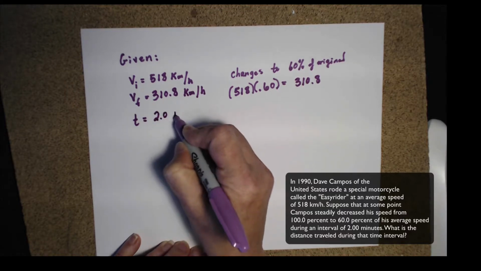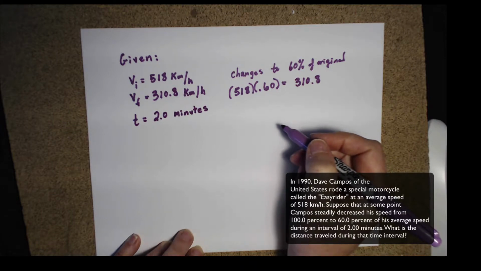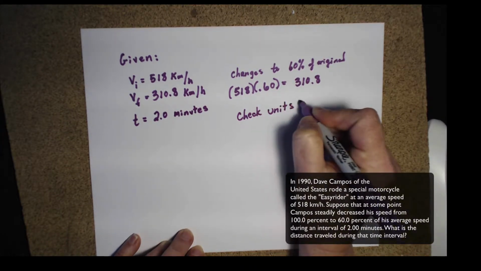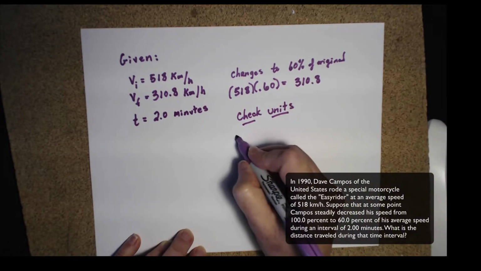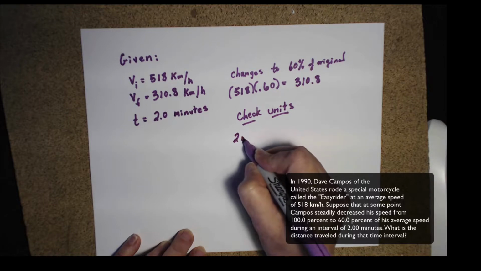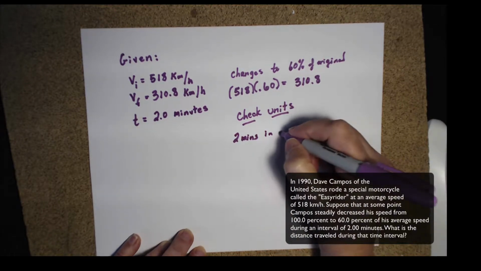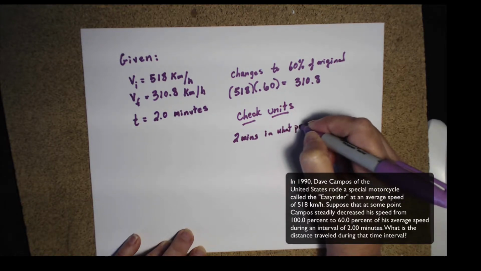It's very important at this stage to check your units. By this, I mean all of your values for time, all of your values for speed, velocity, whatever it is you're measuring must be the same. In this case, we have speeds or velocities in kilometers per hour, but we have time in minutes.